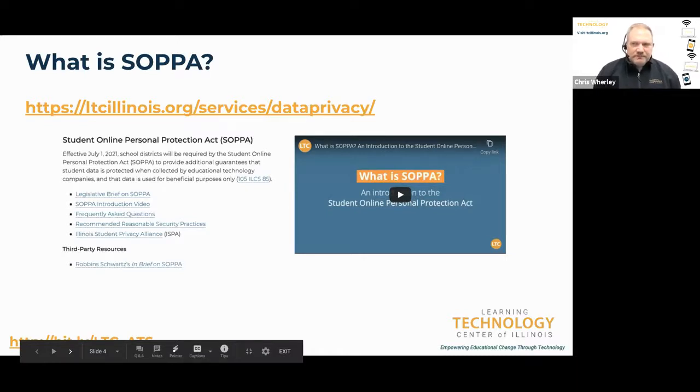And I try to use the definition that really what we're trying to do is find out where all of our student data is, and then make a list of that and have data agreements that go along with that information. And so that's really the primary purpose of SOPPA, is to know where our students' data is and keep them safe.